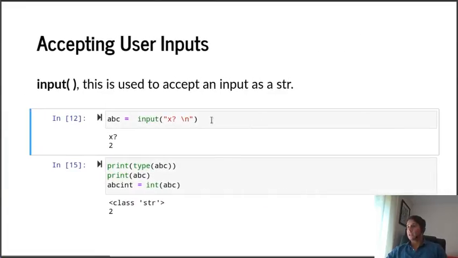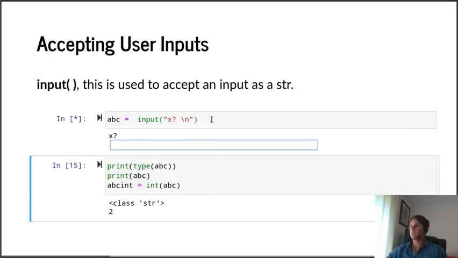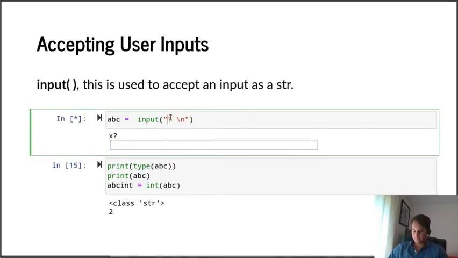Another thing that's very handy is to have an input function with a question. For example, here I'm asking for x, that could be whatever. If I execute this cell, it will ask me what is your favorite number?